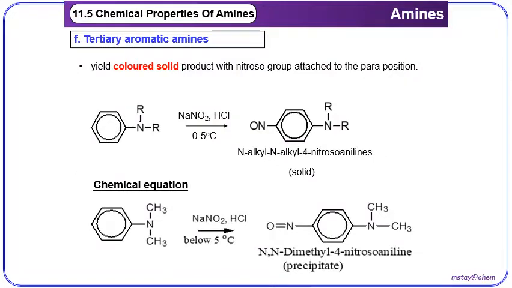Okay, tertiary aromatic amine basically will yield a colored solid or a colored precipitate, where the nitroso group will attach to the para position. If you still remember, we learned the para position in the chapter on benzene, which is 1,4.